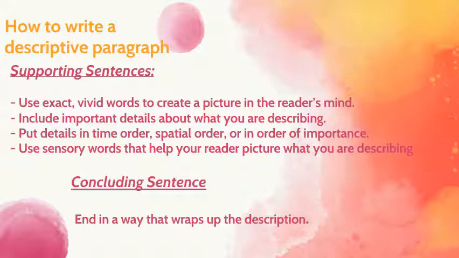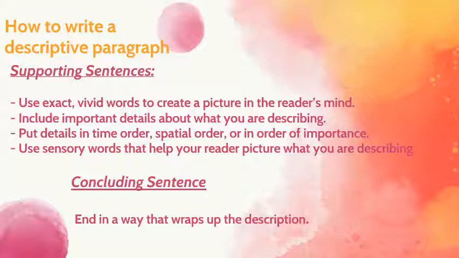When I finish the topic sentence, then I have to move to the supporting sentences, which will include the descriptive details. So in the supporting sentences, I have to use exact or vivid words to create a picture in the reader's mind. I have to include important details about what I'm describing. Details are very important.